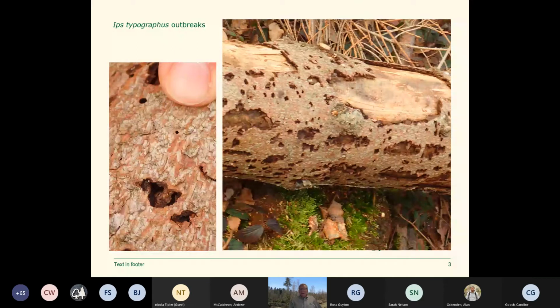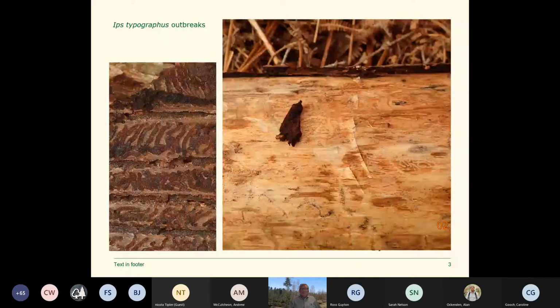Once you've got your eye in, you can certainly generally pick up an Ips beetle, and if you're very clever with a hand lens, you can identify it as typographus. The galleries that it produces, both under the bark, on the inside of the bark, and on the cambium layer, are very distinctive. So that is helpful when we know we've got an infestation and we're looking for the extent of it on the ground, supporting other surveillance work.